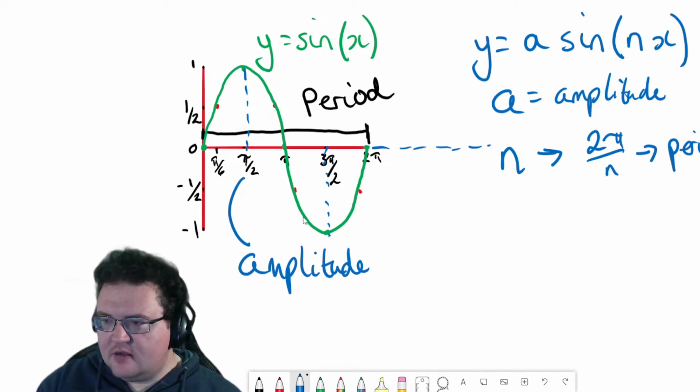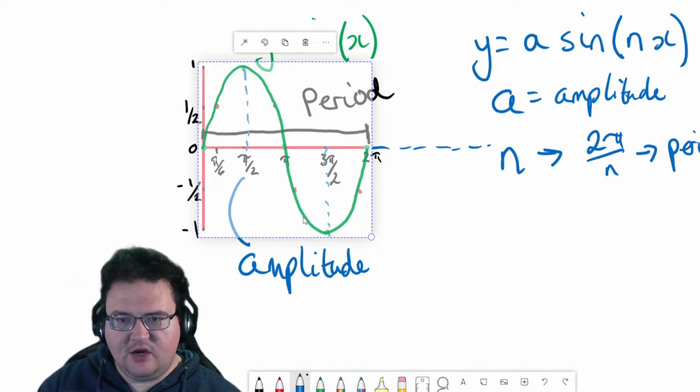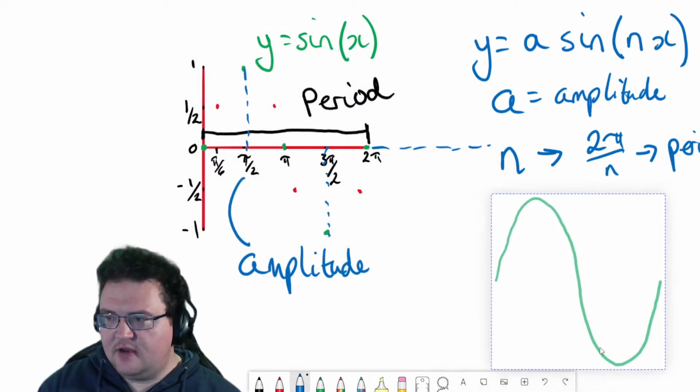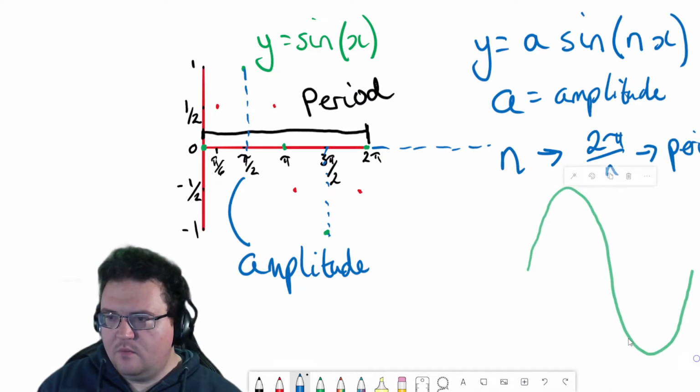So if I take my sine graph, I'm just going to move it out of the way for a little bit. We don't need it right now.